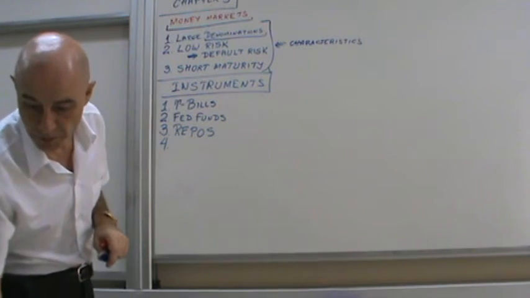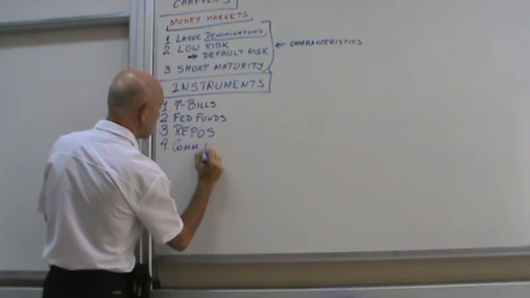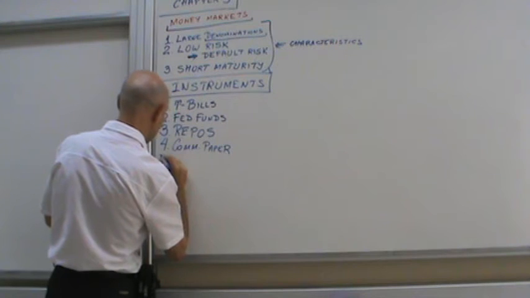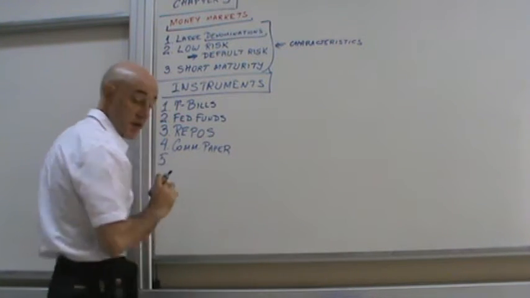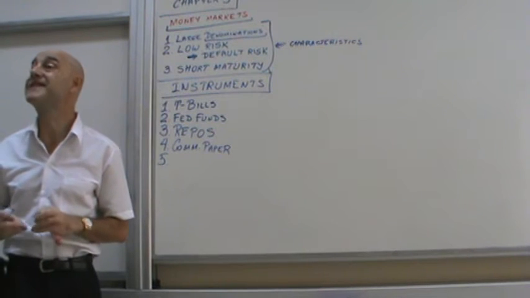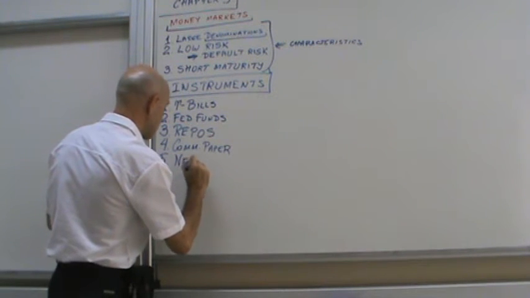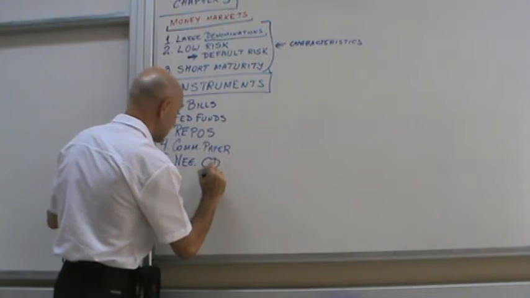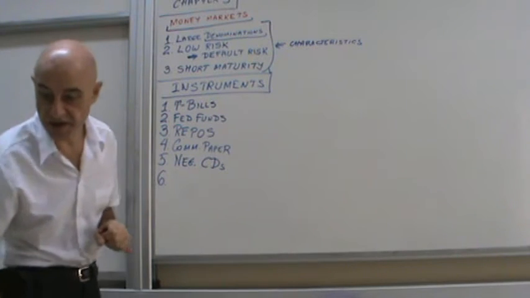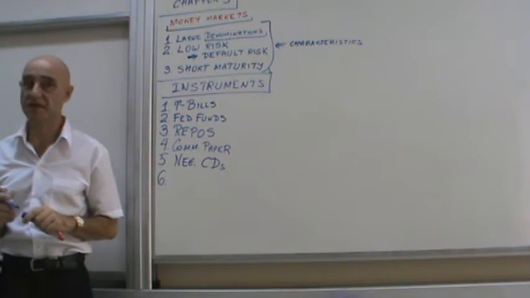Number 4 will be commercial paper. Number 5 will be negotiable CDs. And number 6 is bankers' acceptances.